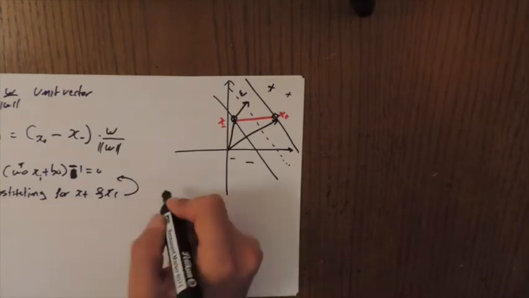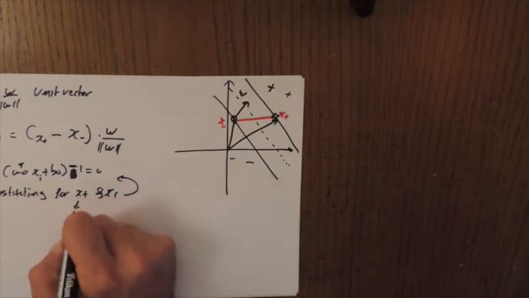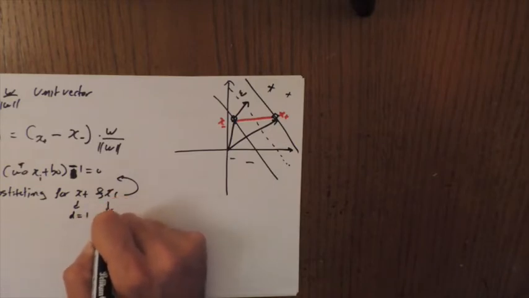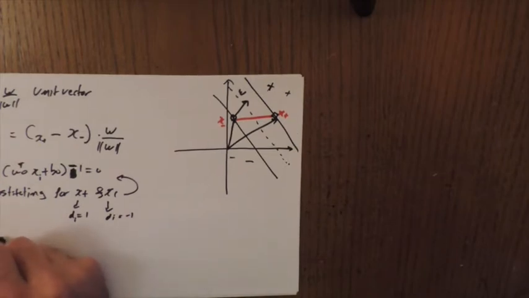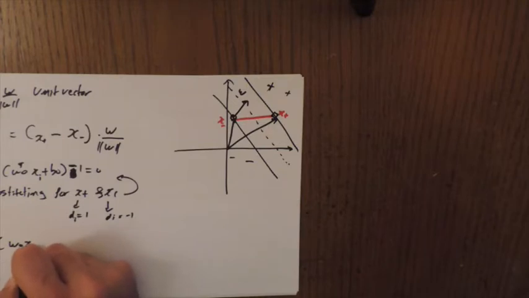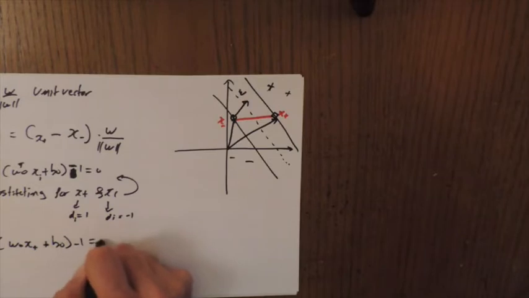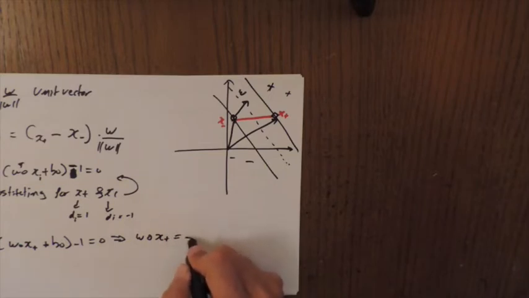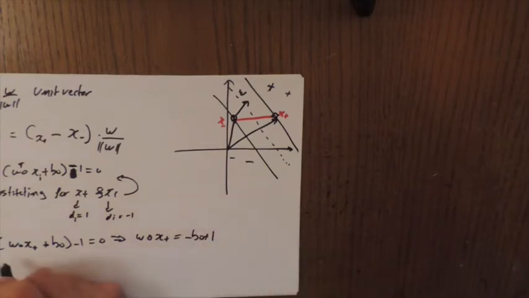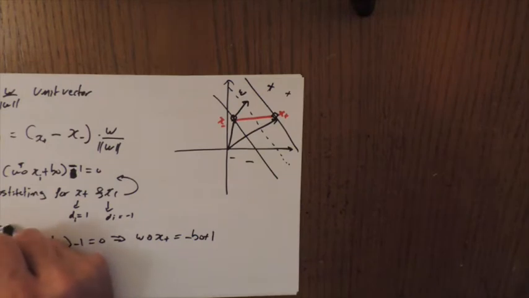Remember, this is for di equal 1, and this is for di equal minus 1. So we have 1 times W0 x plus plus b0 minus 1 equals 0. This implies W0 x plus is equal to minus b0 plus 1. And this is for the positive cases.